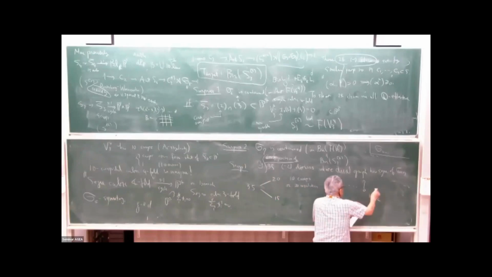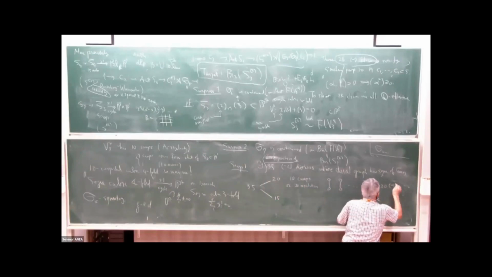So this is 20 minus 2 divisors, effective, of FV3 coming from 10A2 of V3.